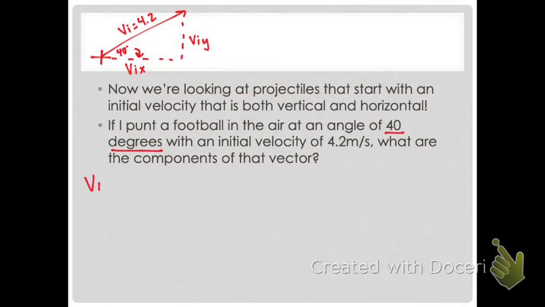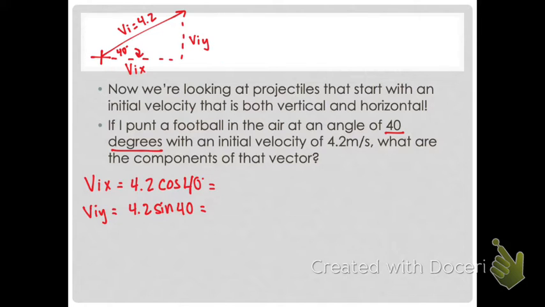So initial velocity x is going to be 4.2 times cosine of 40 degrees. And we said VIY is 4.2 times sine of 40 degrees. Okay, go ahead and plug those in, please, and see what we get.